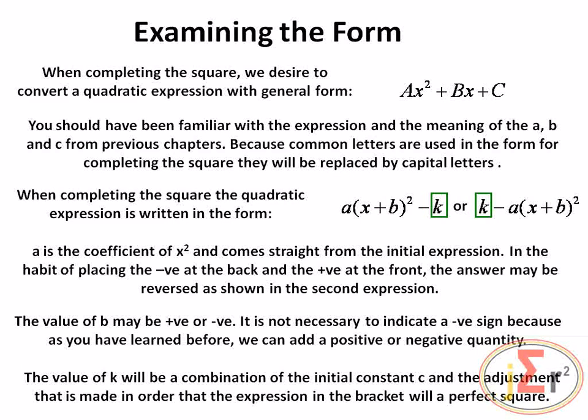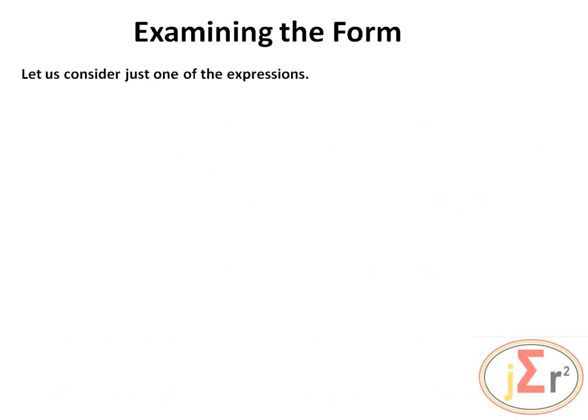To complete the square on such an expression, an adjustment has to be made, which is basically a number that is going to be added or subtracted in the end. So it will be a combination of that number that you use to get the expression to be a perfect square and the pure number that was there before. And we'll see how it works itself out as we go along.